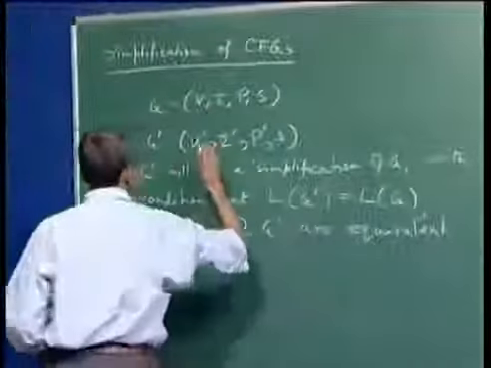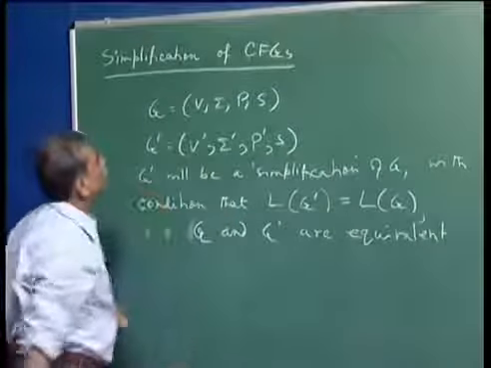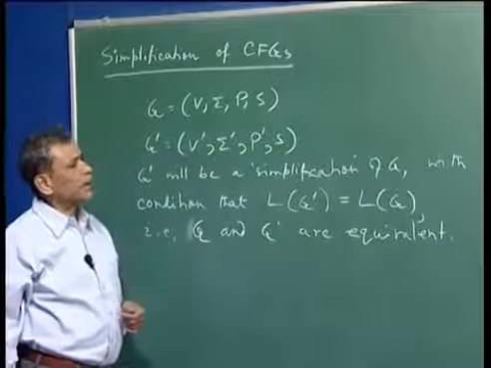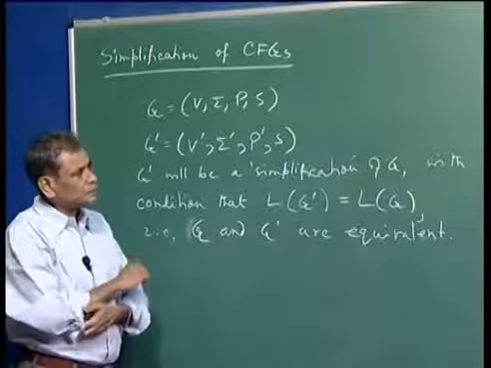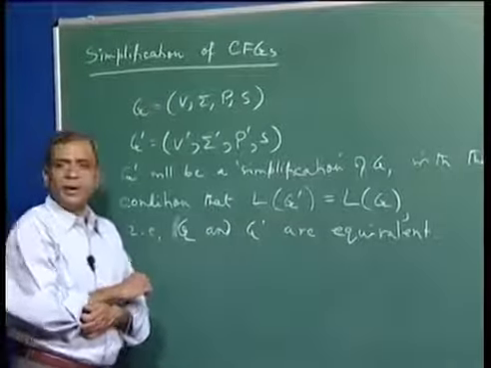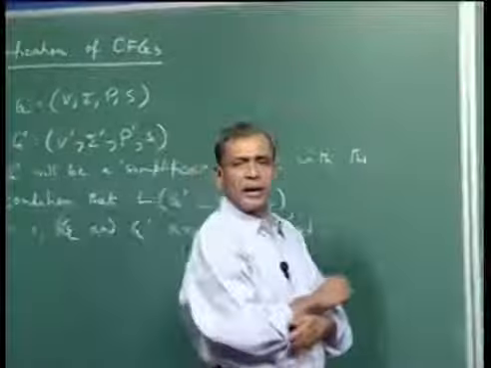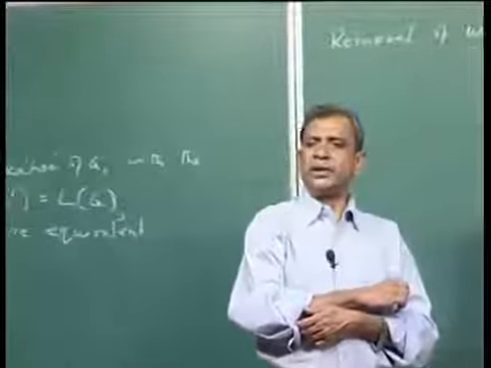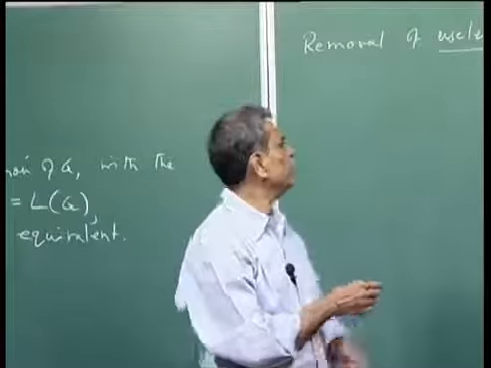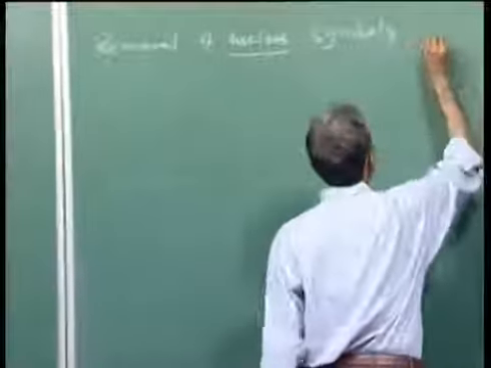Remember, the symbols in a grammar are the elements of the non-terminal set and the terminals set, and we call a symbol useless if it does not take part in derivation of a terminal string which is in the language. So, let us write it down.